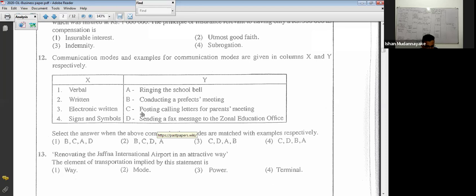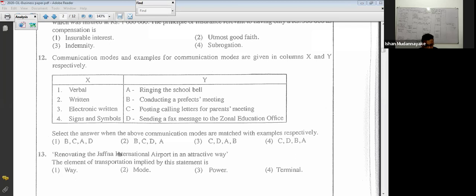Lama, that is written. Electronic written: sending fax messages to the zonal office. Sign and symbols. Lama, second one is answer. Question number 12, second one. Kya correct. Hamisha correct. Garavita correct.